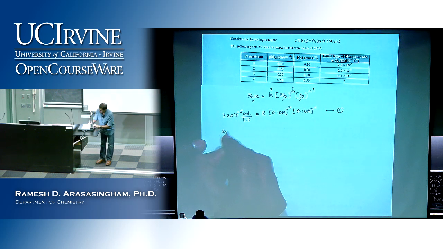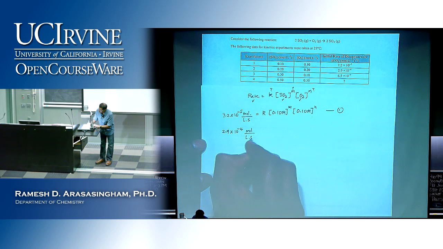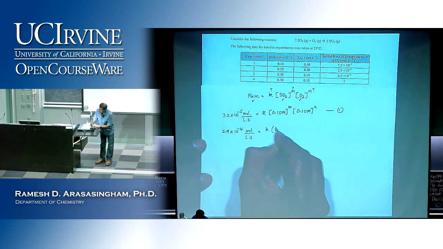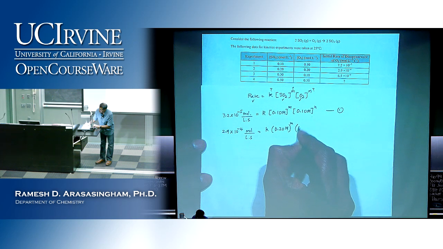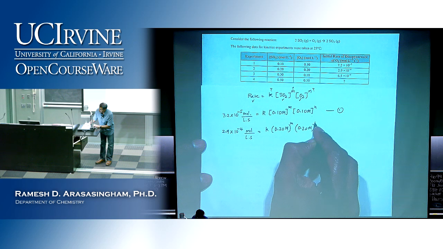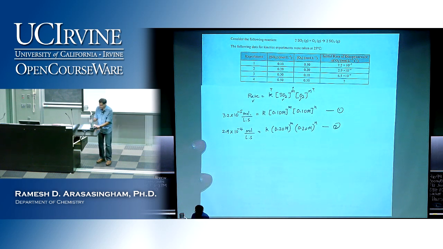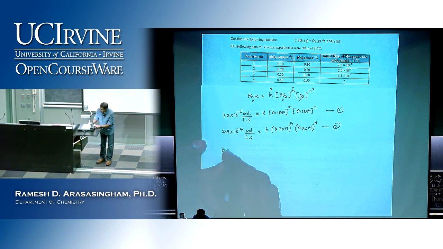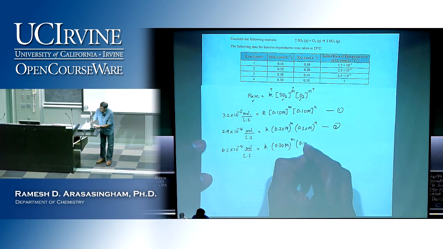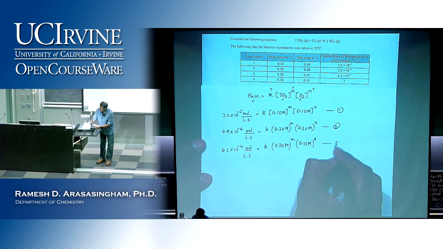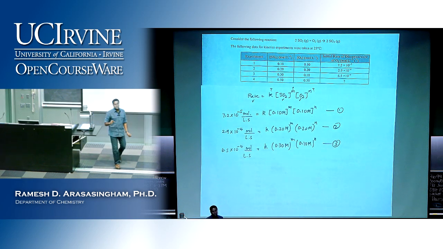Second line is 2.9 times 10 to the negative 4 moles per liter per second equals K. Now it's 0.2 molar raised to the power M times 0.2 molar raised to the power N. That's equation 2. If I take the third equation, it'll be 6.5 times 10 to the negative 4 moles per liter per second equals K times 0.3 molar raised to the power M times 0.1 molar raised to the power N. The third equation. So I have three equations.